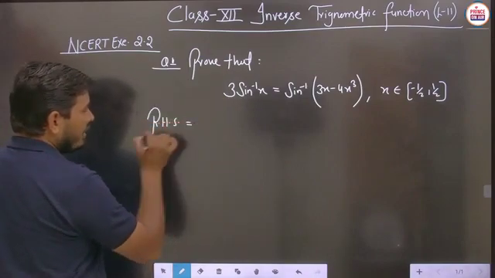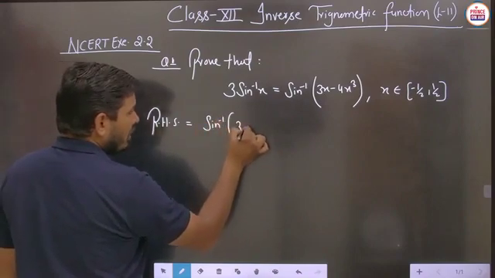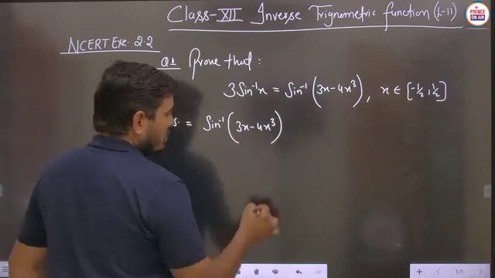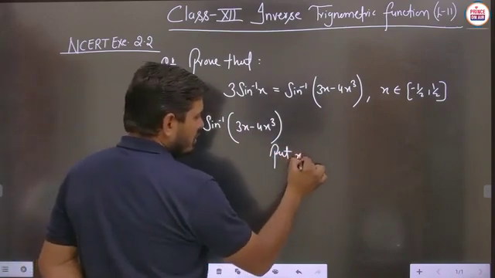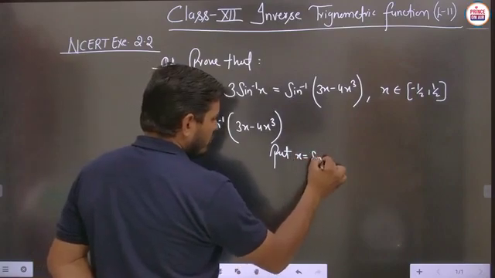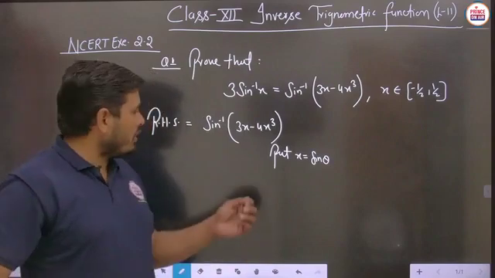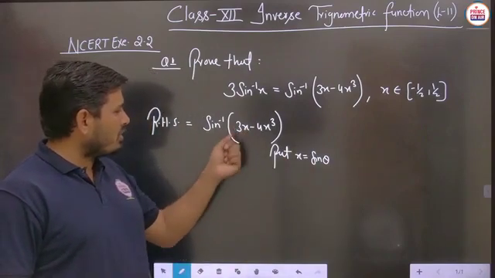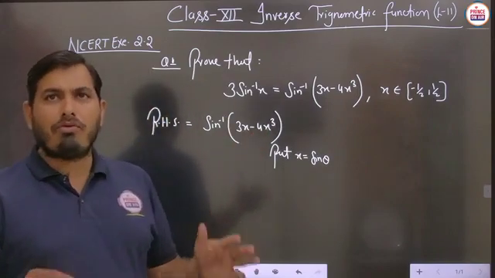The right hand side is sin inverse of 3x minus 4x cube. Now we can easily put x equals sin theta, because every student knows very well the formula of sin 3 theta. If x is taken as sin theta, it becomes 3 sin theta minus 4 sin cube theta, and this is the formula of sin 3 theta.